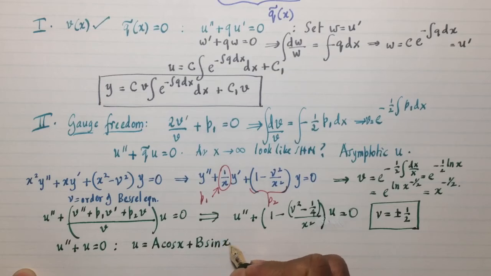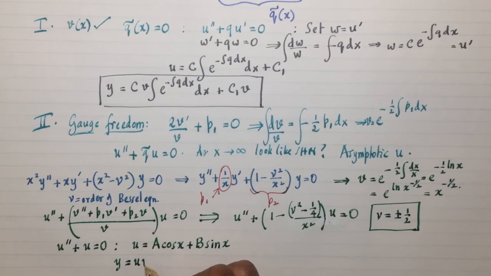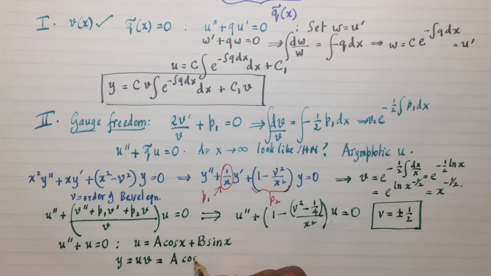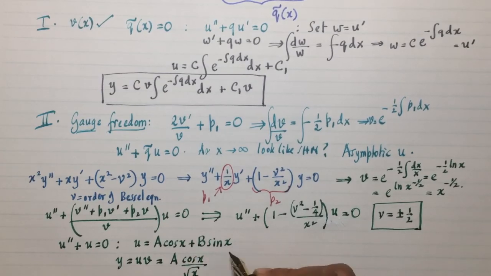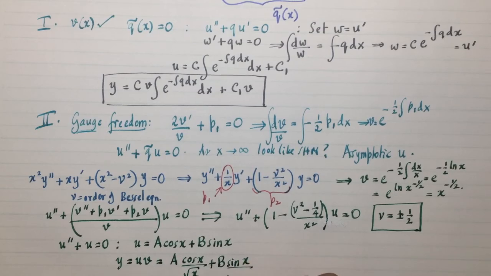Well, but recall that u is just one small part of the whole story, and the full solution is u times v. So this gives us the exact solution for nu equals plus or minus half. You're going to get v is x to the minus half, by the way. So you're going to get a cosine x over root x plus b sine x over root x.